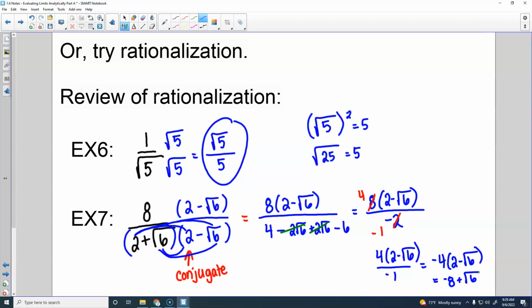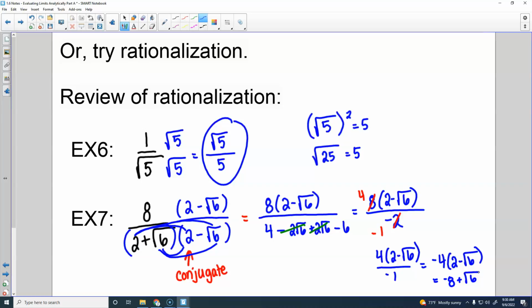Okay. Again, if you get an answer like this, don't rationalize it. Leave it 8 over 2 plus square root of 6. That's fine. But we need to know how to do this for the next step that we're doing. At the end, don't try to get everything out of the square root.